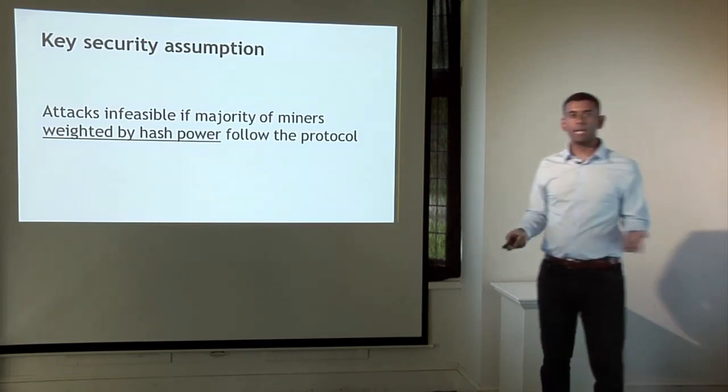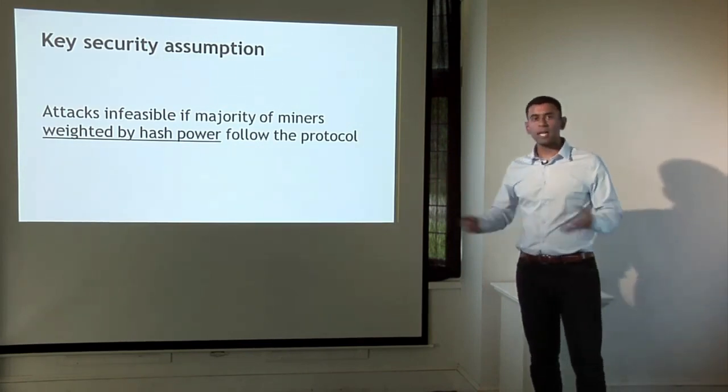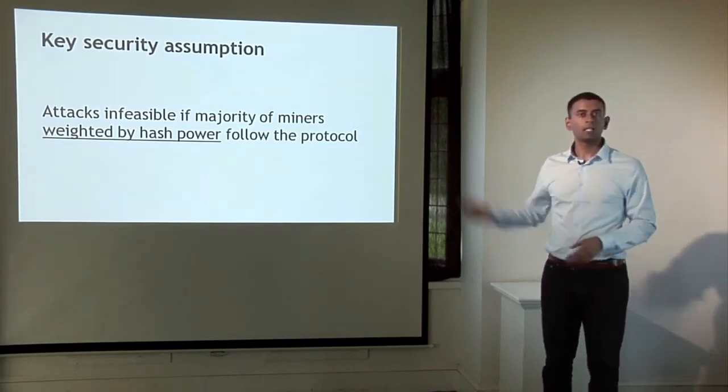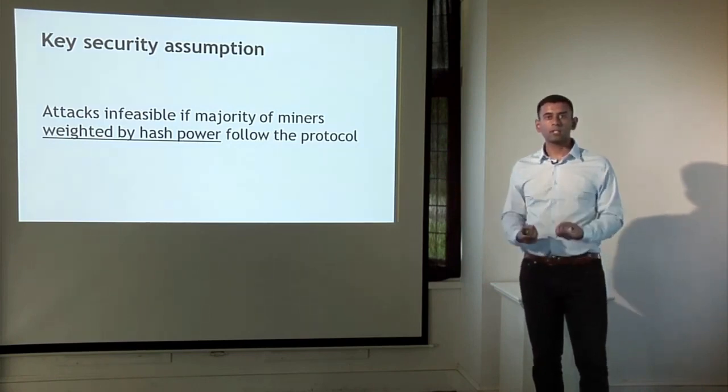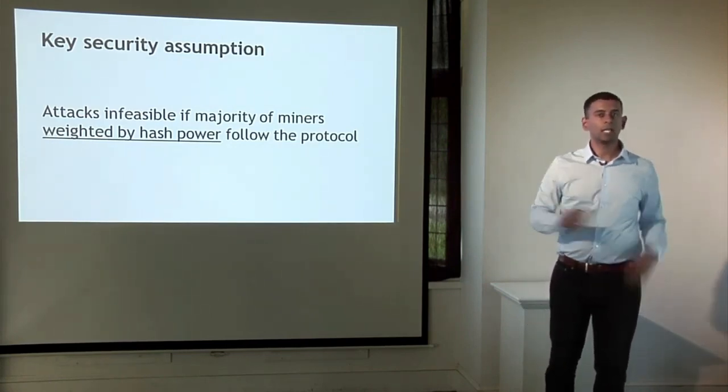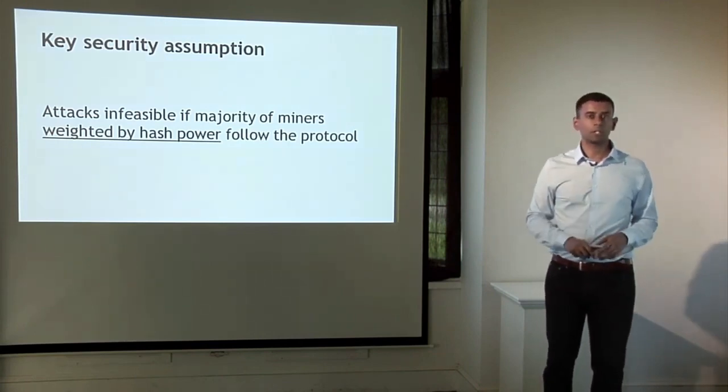And the reason for that is if a majority of miners weighted by hash power are honest, because of this competition for proposing the next block, this will automatically ensure that there is at least a 50% chance that the next block to be proposed at any point is coming from an honest node instead of a malicious one.